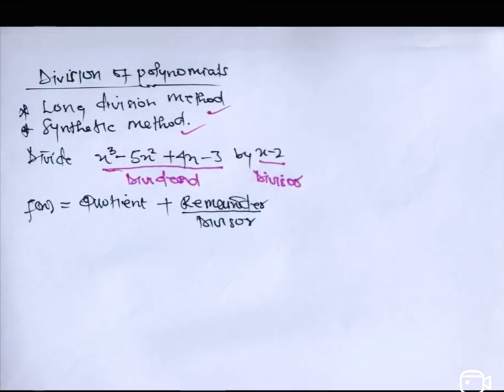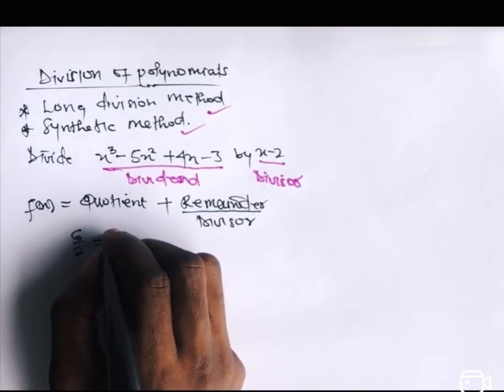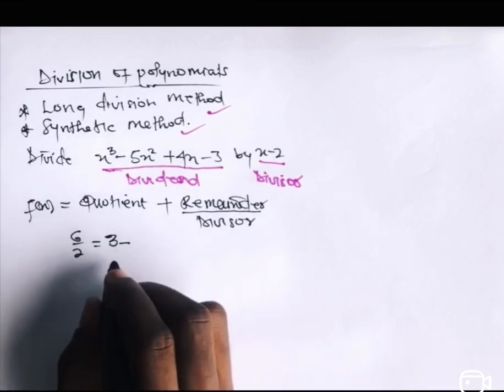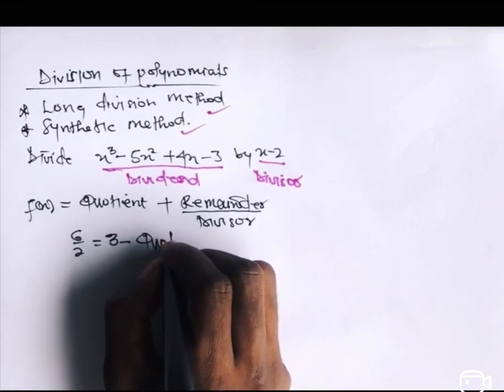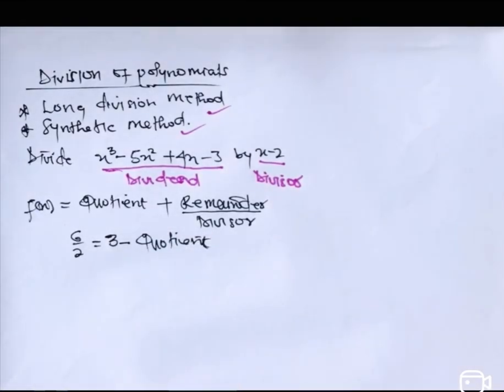Okay, so this is how you're going to present your answer. Let's say if I have 6 over 2 equals 3, the answer that you get is the quotient. Okay, all right. So now let's look at how to solve this using the long division method.